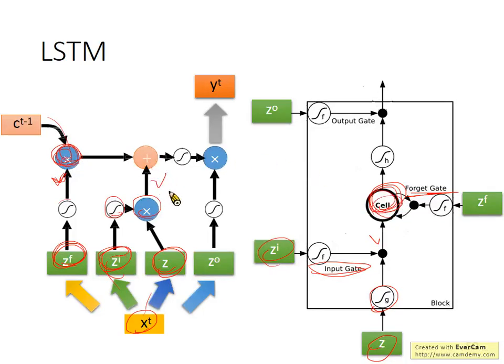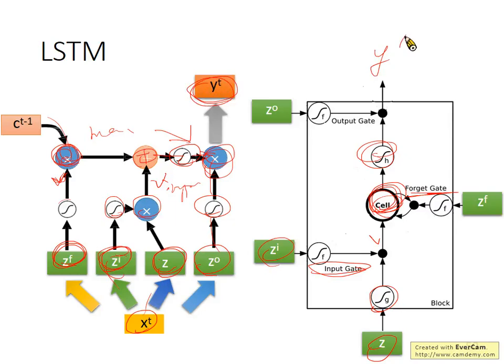We sum the input and the memory together and feed it to the activation function, which determines whether we can output it or not. z_o controls the output gate, and we finally multiply these two signals and get the final output y_t.